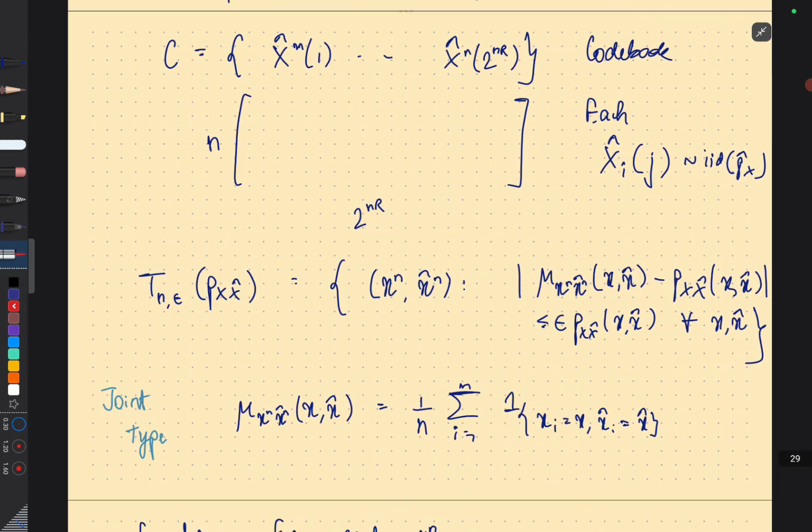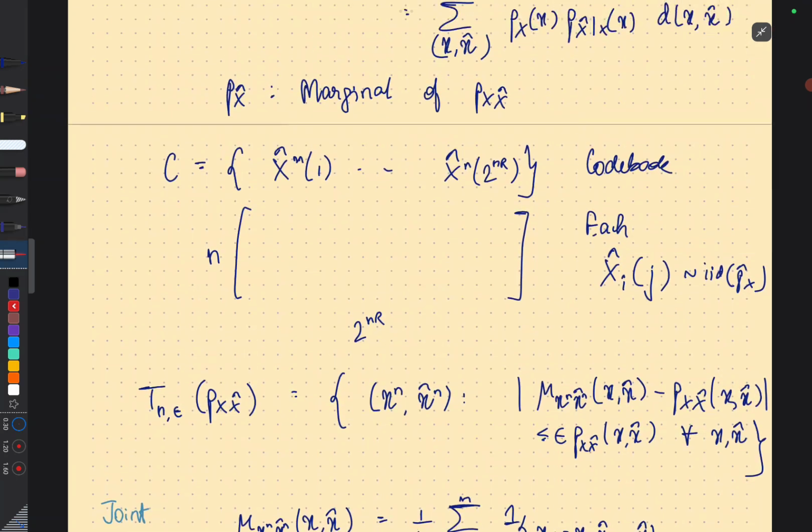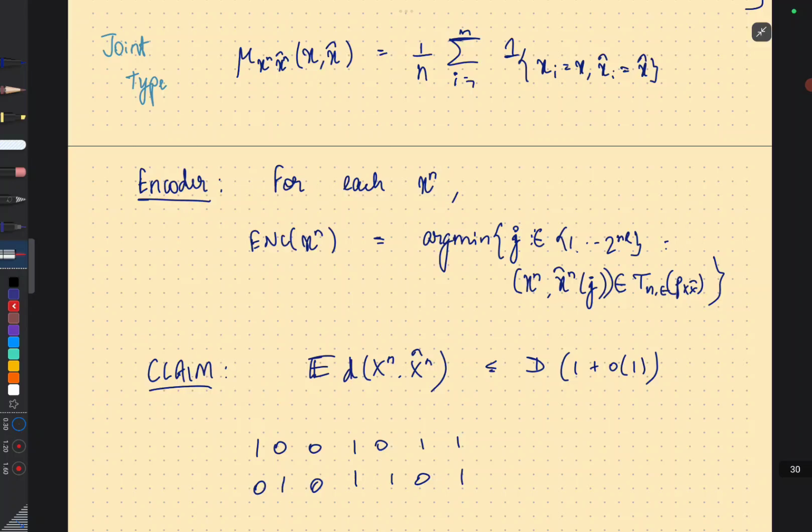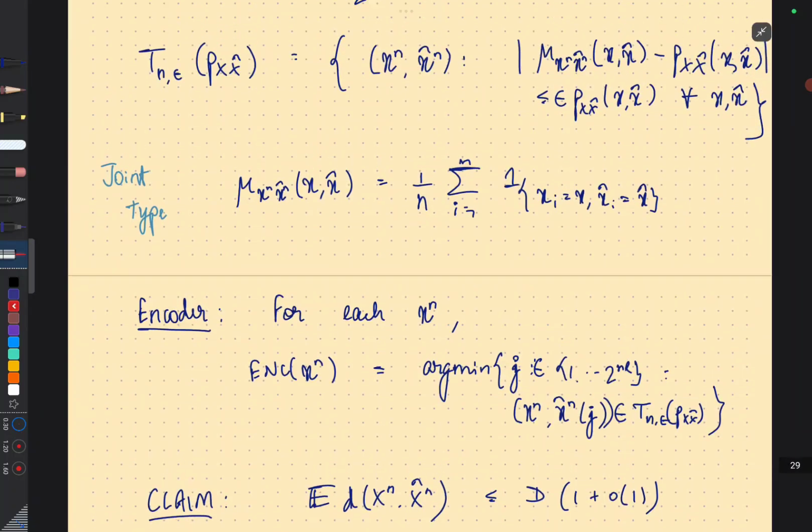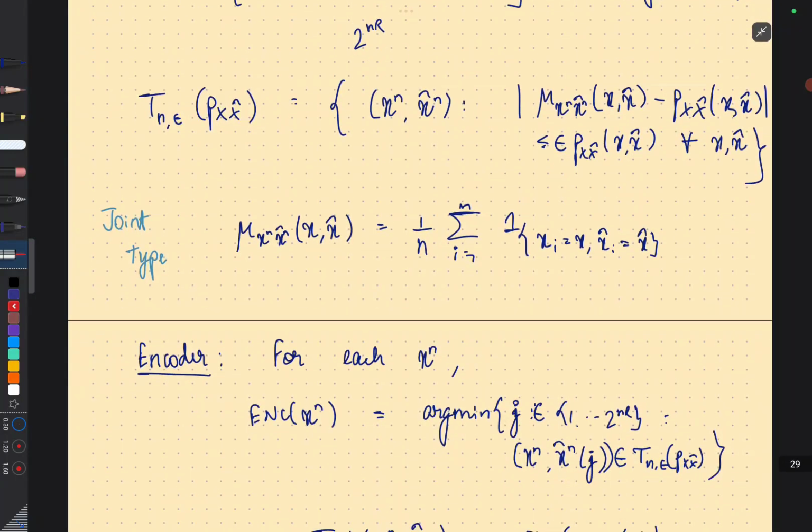The other part of the compression scheme is how you map each source sequence to a particular code word or a particular sequence in the code book. That is described by the encoder. The encoder that we will choose is going to be this joint typicality encoder. So we define this jointly typical set.